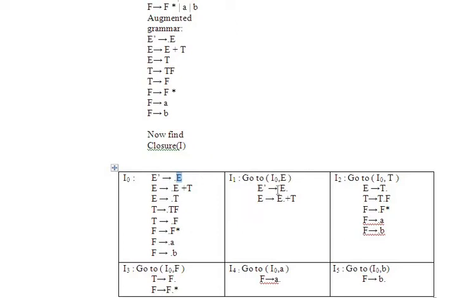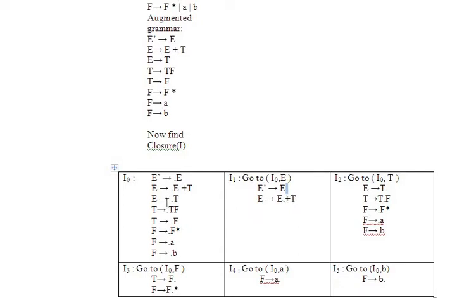So E dash gives E dot and E gives E dot plus T. Just move the dot after E in the right hand side productions in which you have dot before E, all those dots are moved. So E dash gives E dot and E gives E dot plus T.